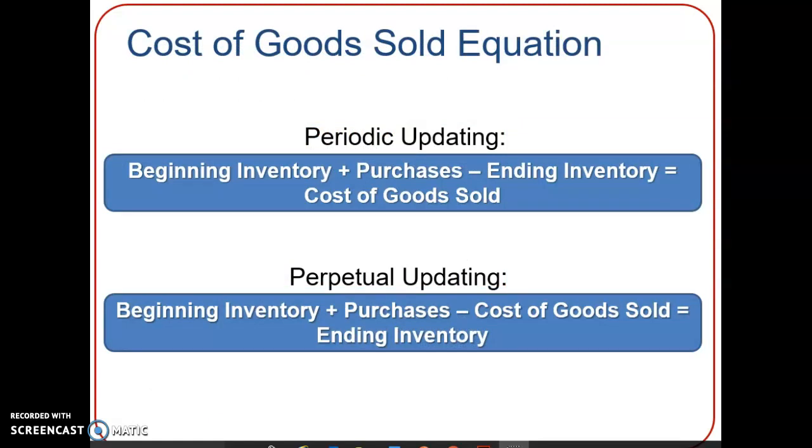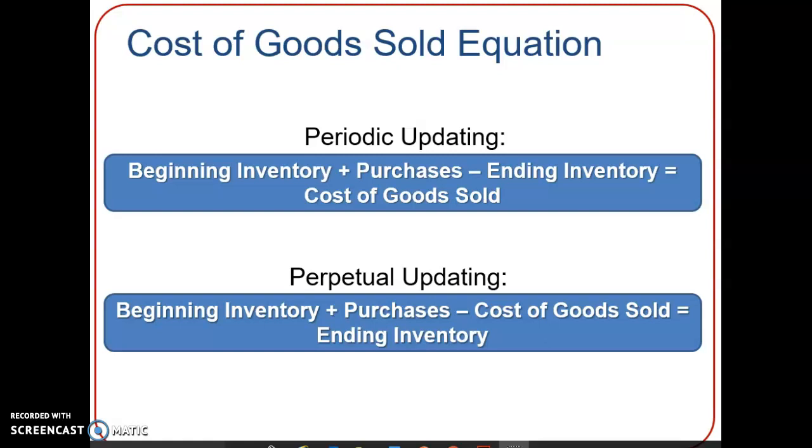We have learned those in Chapter 6, the previous chapter. In Chapter 6, we also looked at the periodic inventory system, or method, and the perpetual method. Under the periodic method, we said beginning inventory plus purchases minus ending inventory equals cost of goods sold.